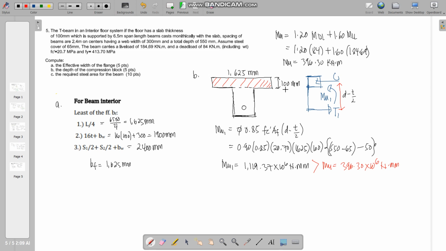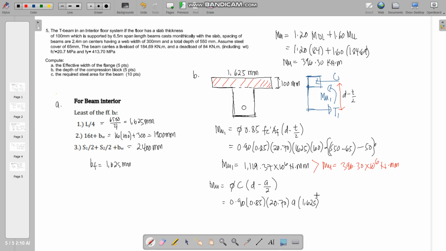So therefore, we compute it as we have been doing in a rectangular singly reinforced beam, whereas Mu is equal to phi times C times d minus a over 2. We have 0.9 times 0.85 fc prime ab.